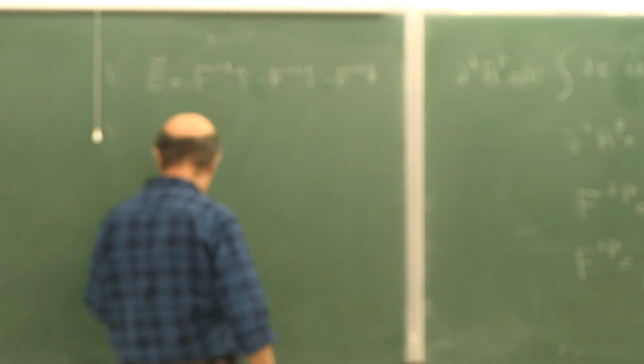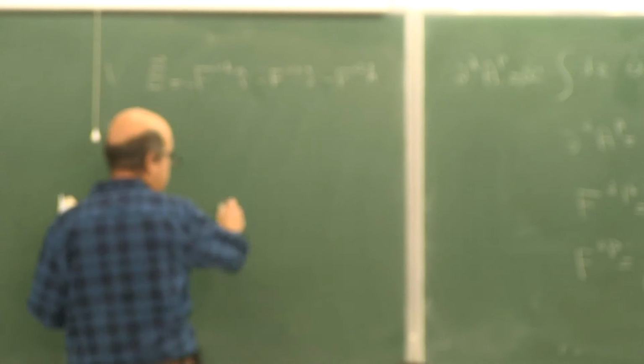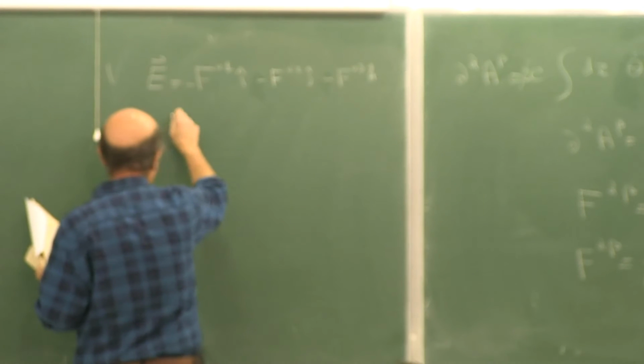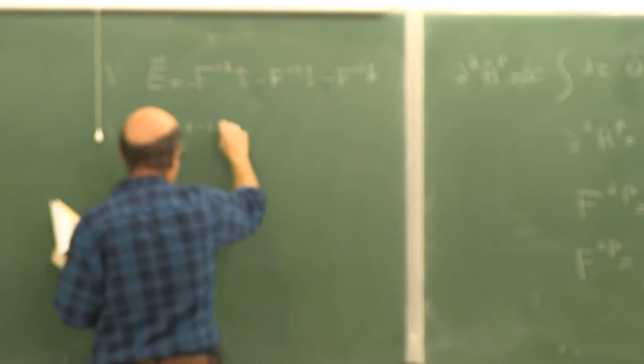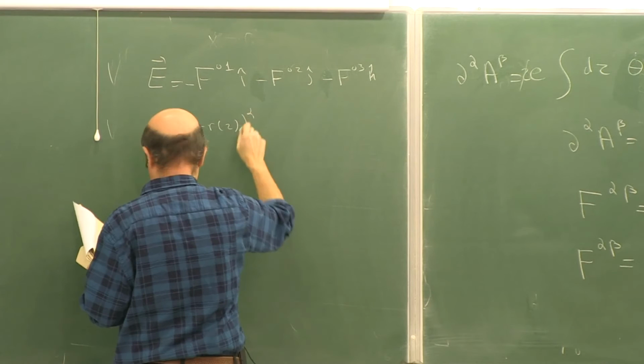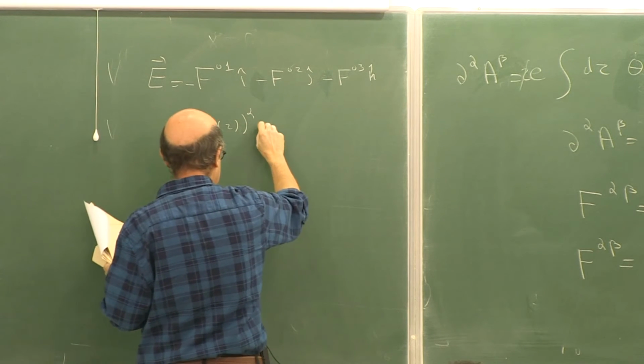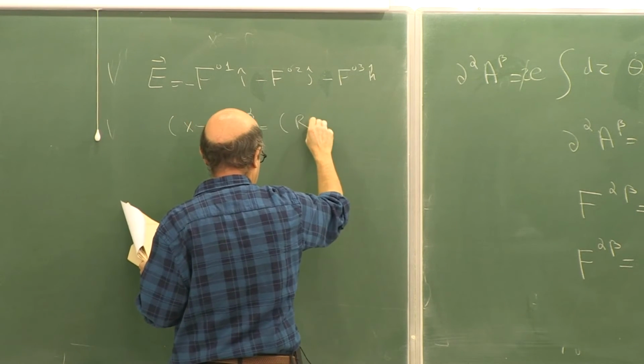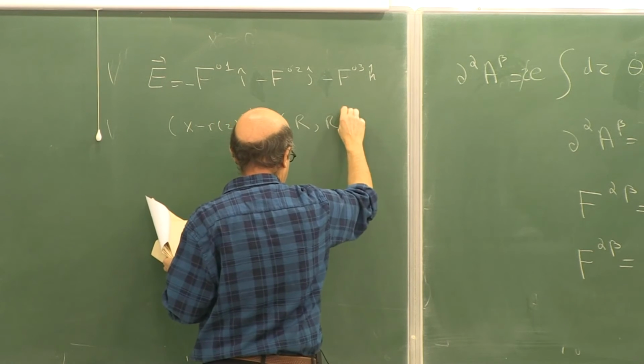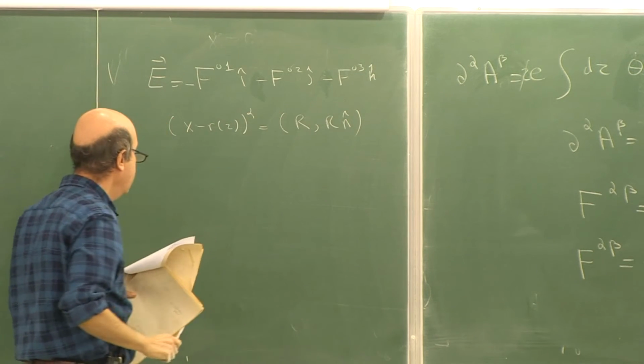So basically you need the tools. What tools do you need? You need to know x minus r of tau of alpha, so that is R and Rn.